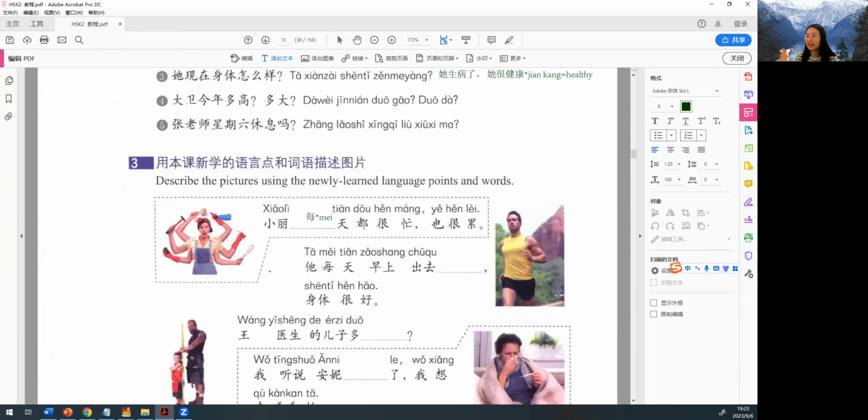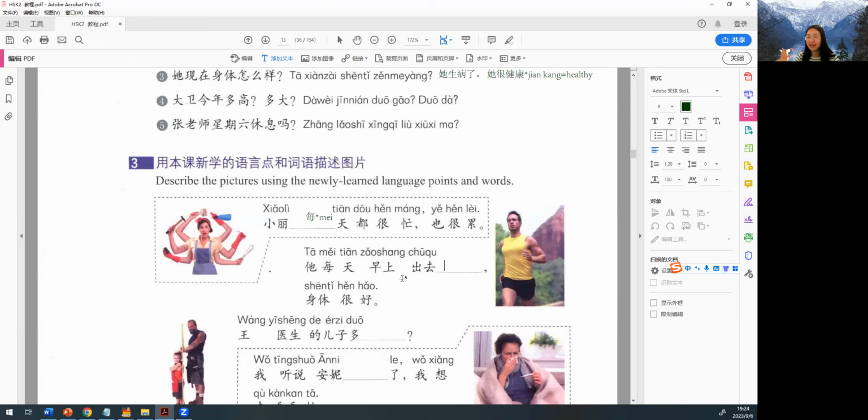And then let's look at the second photo. 他每天早上出去，身体很好. It means very healthy. The body is fine. 身体很好. He goes out every morning. 每天 is every day, 早上 is morning.